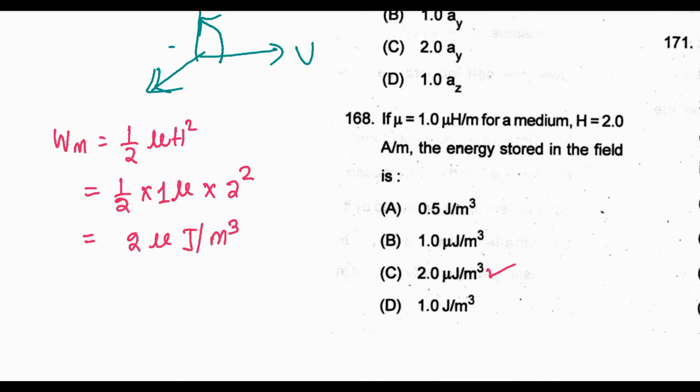Half into mu, which is given as 1 microhenry, into 2 square. So this will be half into 1 microhenry into 2 to the power 2, and we get 2 microjoule per meter cube. So here answer C is the correct answer.